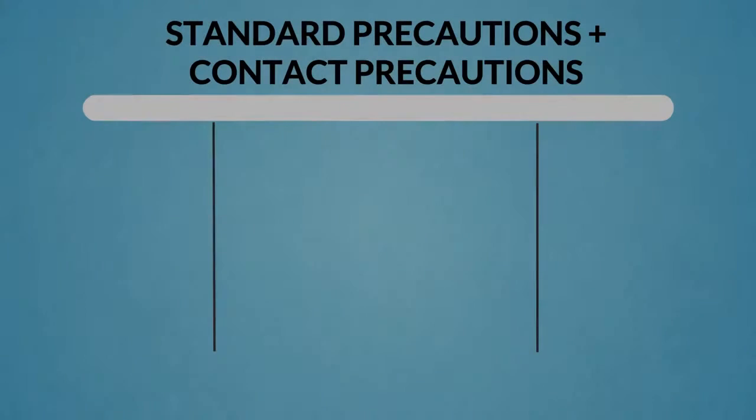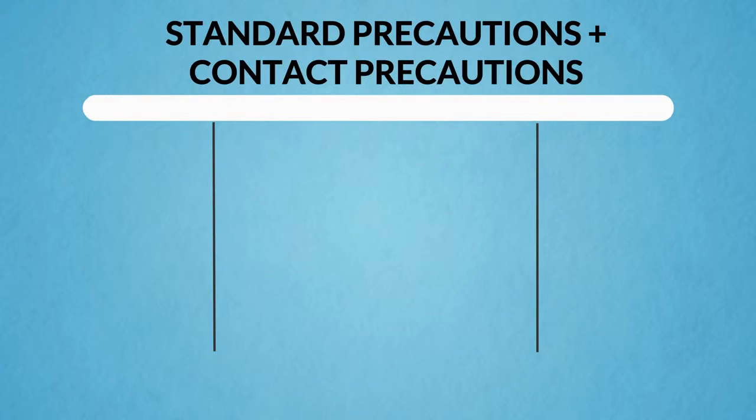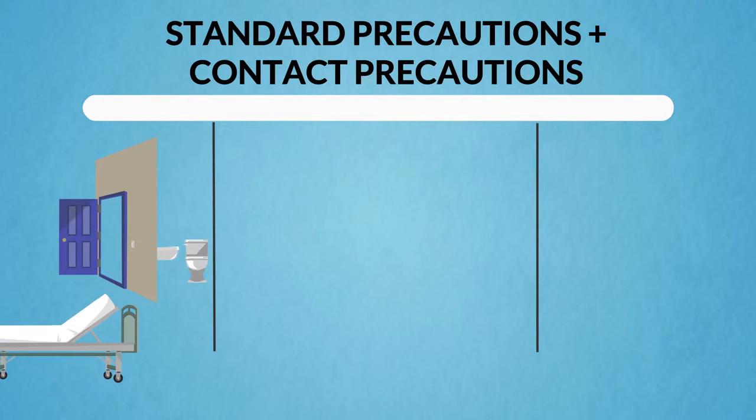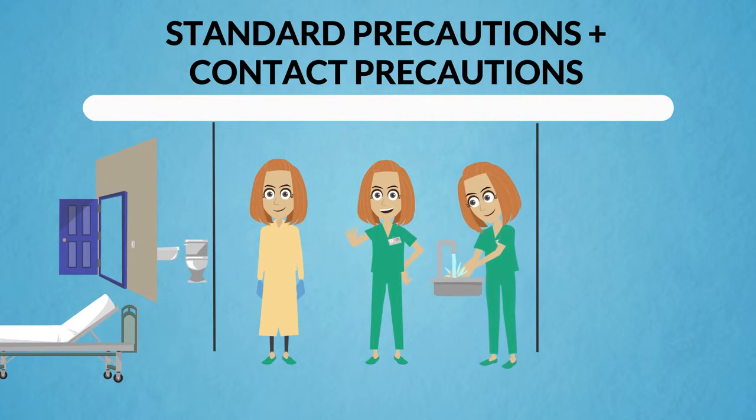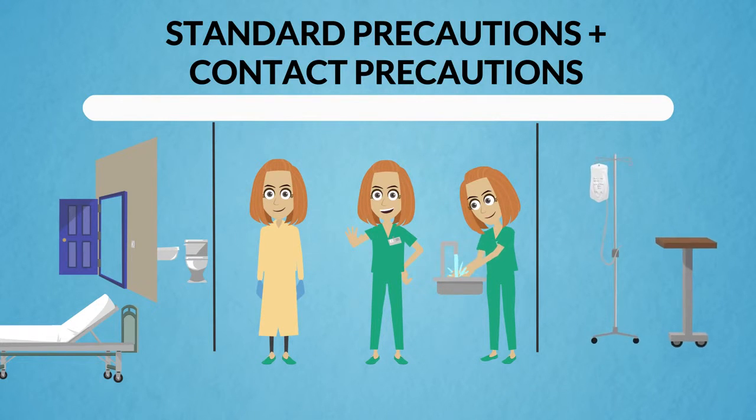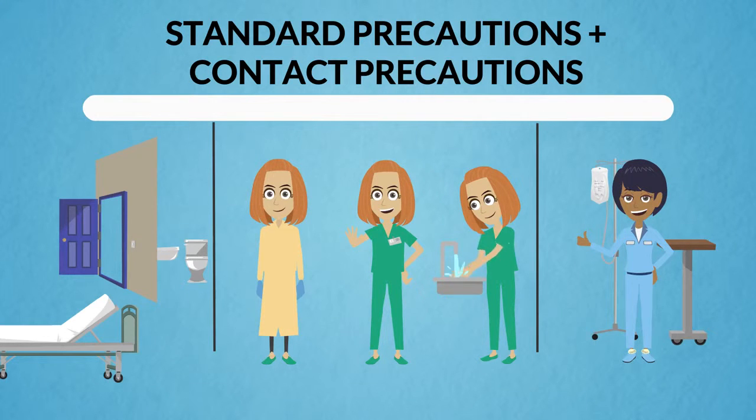In hospitals, contact precautions added to standard precautions include placing the patient in a single room with a dedicated bathroom when possible, staff members applying gloves and gowns before entering the room and removing them, and completing hand hygiene before exiting, dedicating equipment to the isolated patient when possible, and proper cleaning and disinfecting of items before removing them from the patient room.